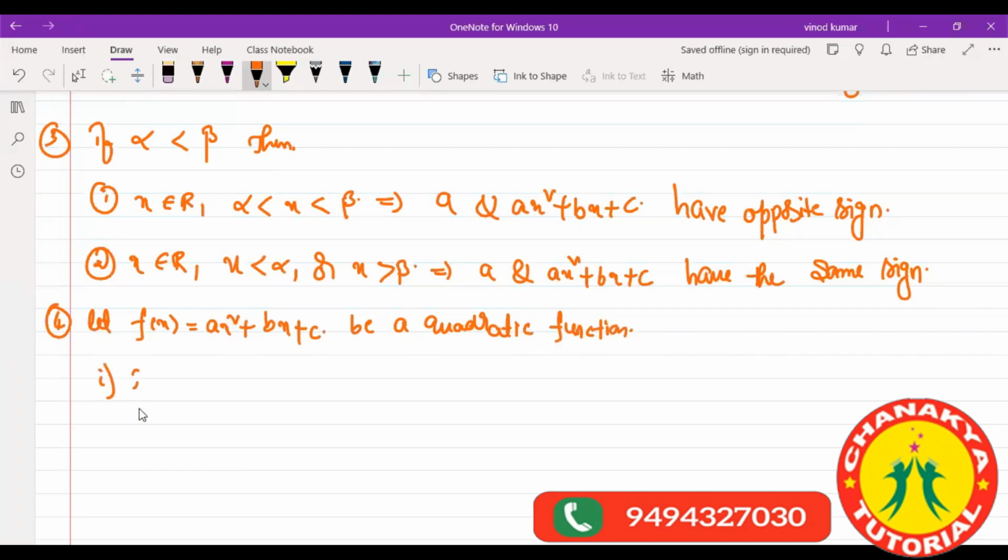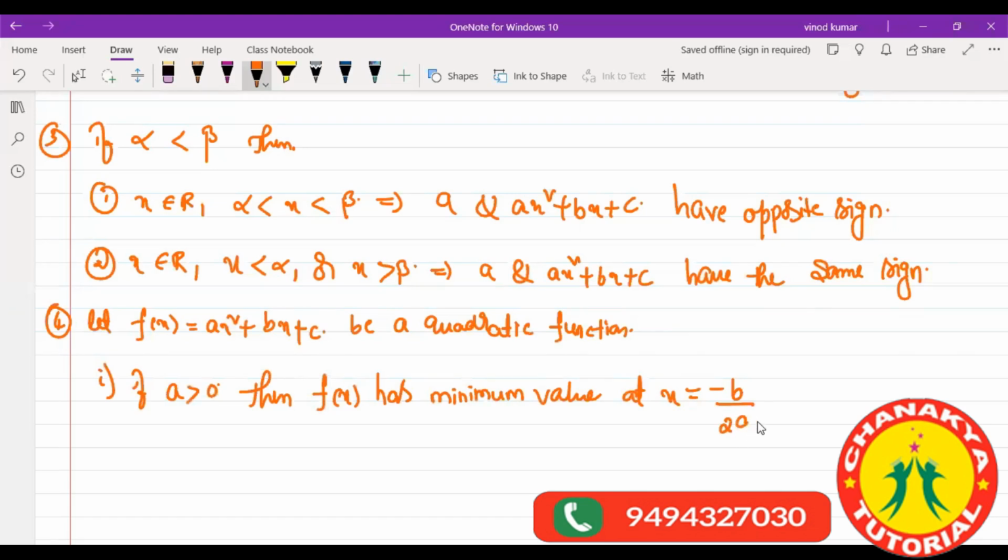If a is positive, meaning the x square coefficient is positive, then f of x has a minimum value at x equals minus b by 2a.